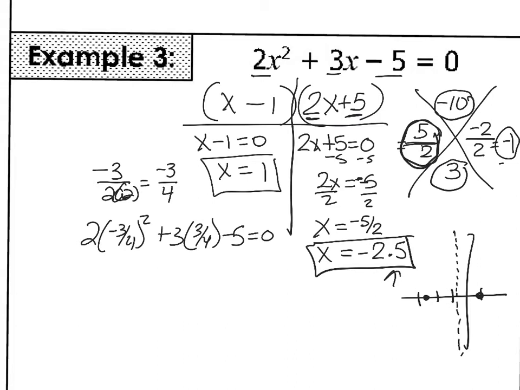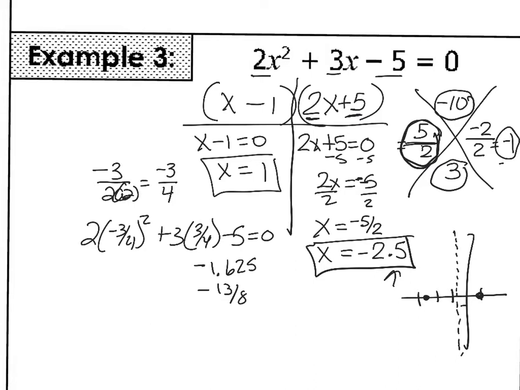So if I plug in 2 times negative 3/4 squared plus 3 times negative 3/4 minus 5, I'm going to get negative 1.625, which is the same thing as negative 13 over 8. All right, so that's your vertex.